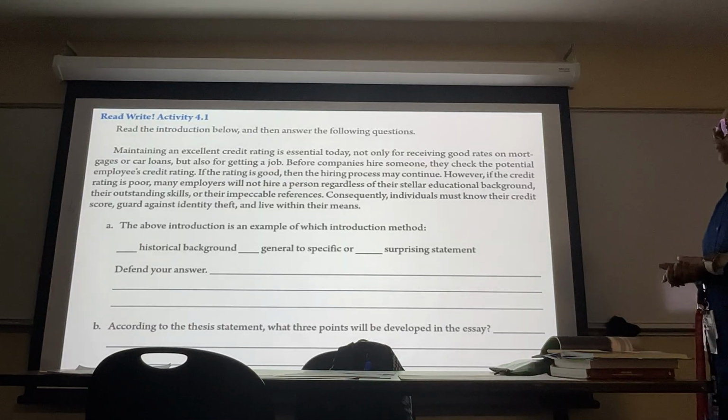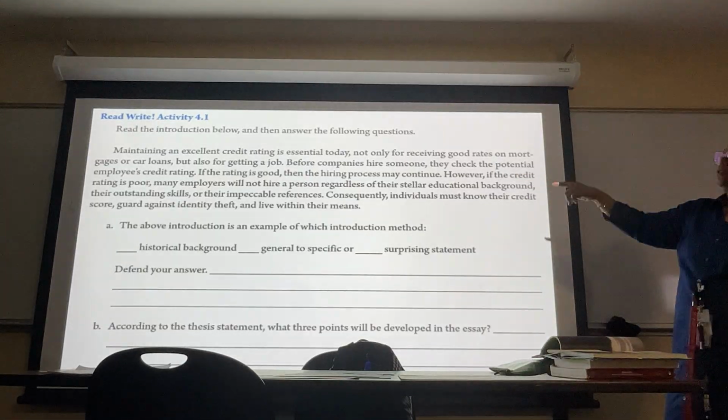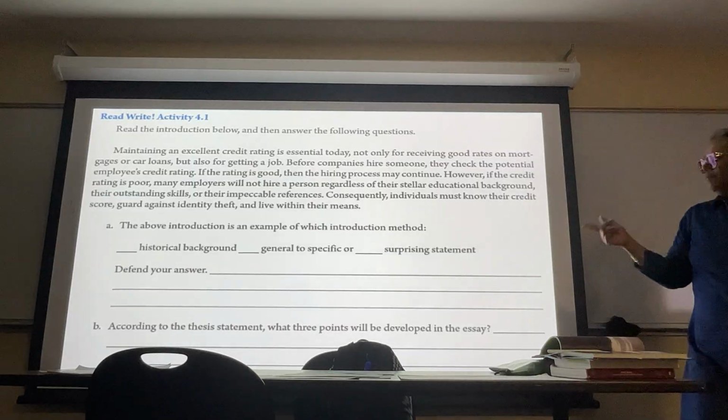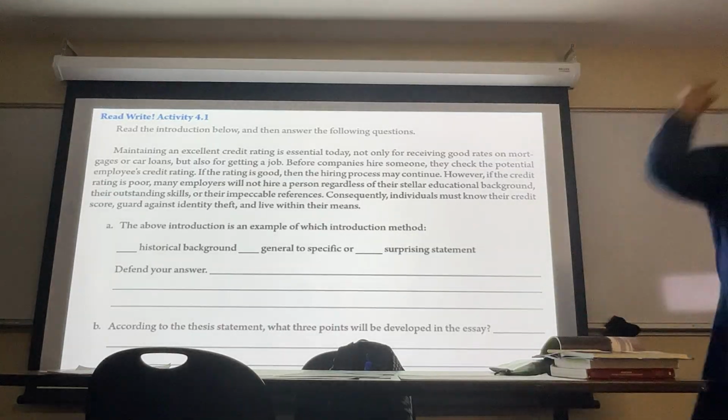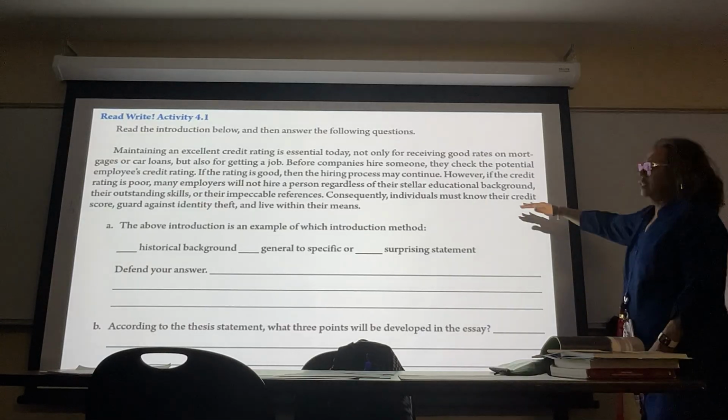Basic writing. All right, so according to the thesis statement, which is consequently, individuals must know their credit score, guard against identity theft, and live within their means. Give me one of the 3 points. Help your neighbor. Credit score? Okay. What is it about their credit score? They must know it. Right, so one paragraph, that's what we're gonna learn.